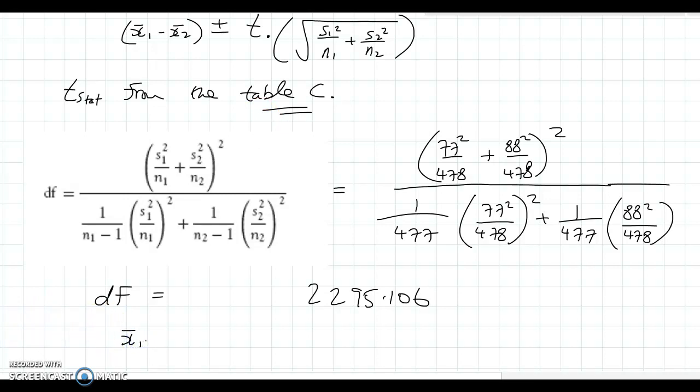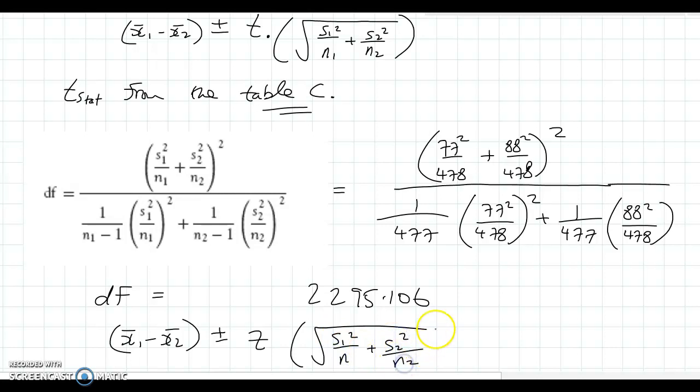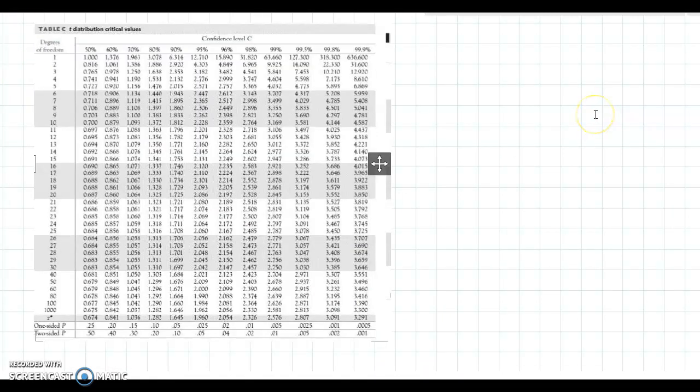X bar 1 minus X bar 2, and now I'm going to go with the Z-stat times this guy here. Right, now I'm going to get the table and bring it up here. Looking at table C from the exam sheet, the classic one would be Z equal to 1.96 for a 95% confidence interval.